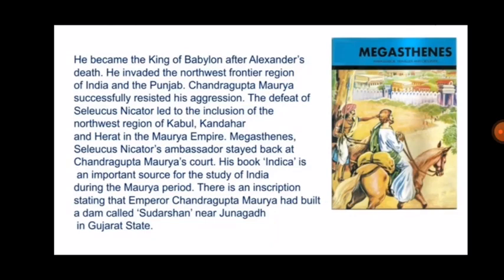From this we get to know more about the Maurya period. There is an inscription stating that Emperor Chandragupta Maurya had built a dam called Sudarshan near Junagadh in Gujarat state.